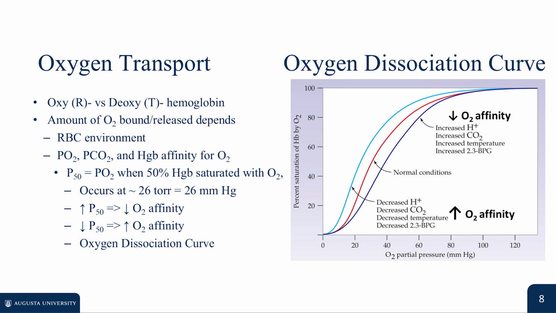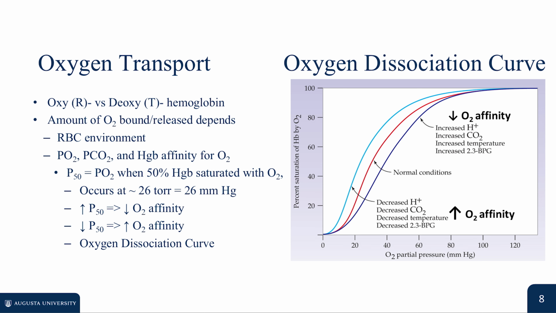If the curve shifts to the right, the P50 increases, meaning hemoglobin has a lower affinity for oxygen and releases it more readily to hypoxic, metabolically active tissues. Exactly. Right shifts are triggered by conditions typical of exercising muscle or ischemic tissue: elevated partial pressure of carbon dioxide, decreased pH or acidosis, also known as the Bohr effect, increased temperature, and elevated levels of 2,3-bisphosphoglycerate.